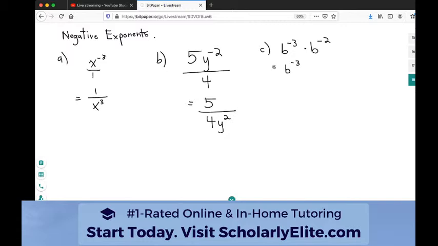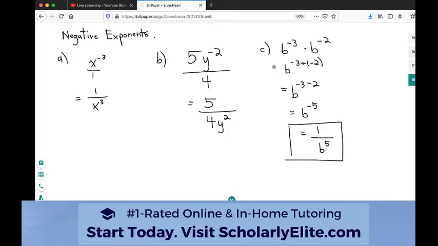So we've got b to the power of -3 plus -2. Which obviously, using integers, we know that that's just going to become this, and then this becomes this. And now that we've simplified this as much as possible, we can put it into its most correct form, which is that. And that's our final answer.